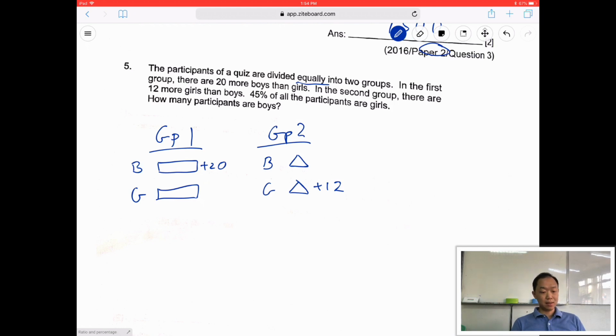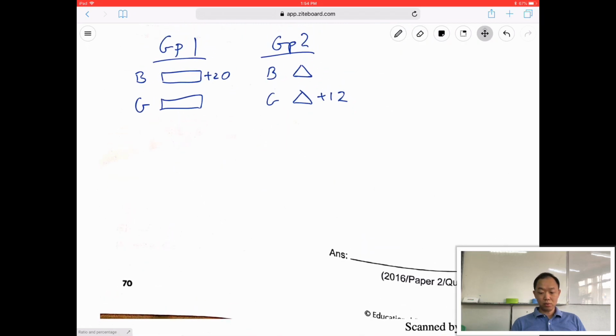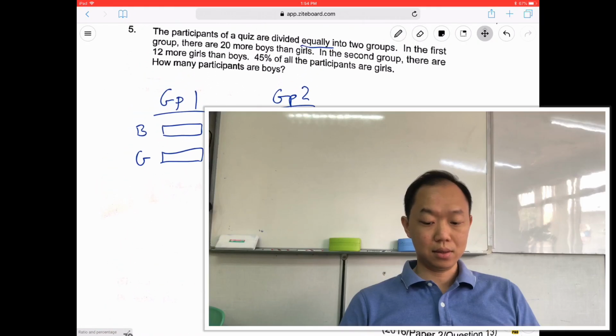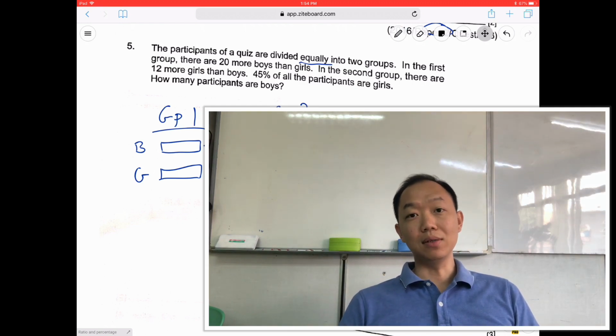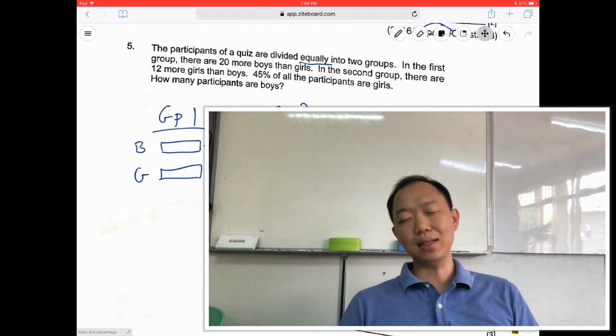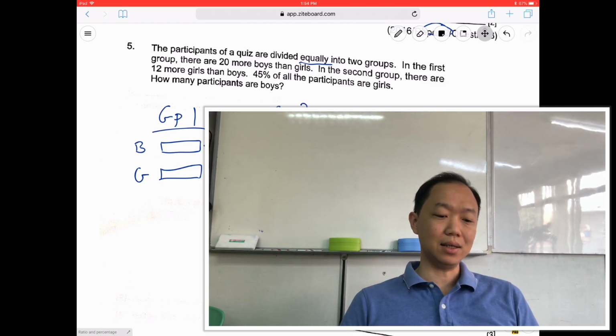This means that the bottom is 45%. But then another thing is that the participants are divided equally into 2 groups. Wow, this is a bit tough. Paper 2 question 13, 3 marks. 2016, no wonder. So something you realize is the older the paper, the more difficult the questions. Since 2016 and 2017, 2018, they have been slightly easier. Okay, so 2016 is quite tough.